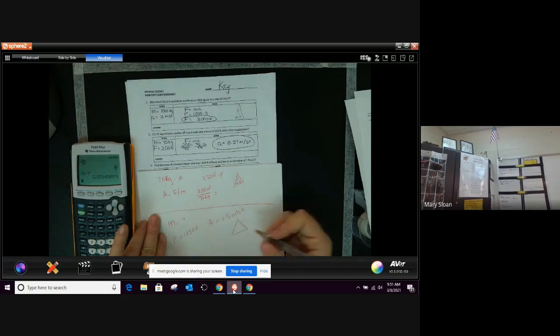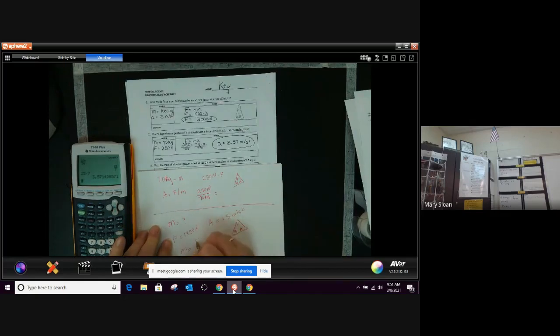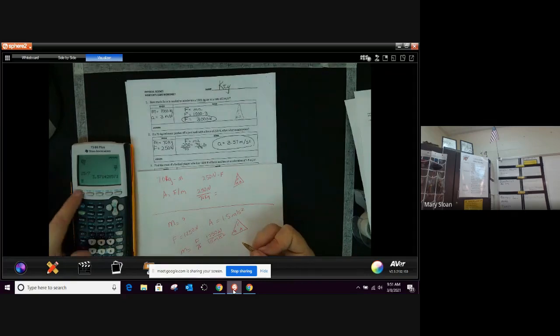If I drew my triangle, FMA, I have F and I have A, and I'm looking for M. So M equals F divided by A. That would be 1,250 newtons over 1.5 meters per second squared. So I'm going to go, again, alpha y enter for myself, 1250 over 1.5.